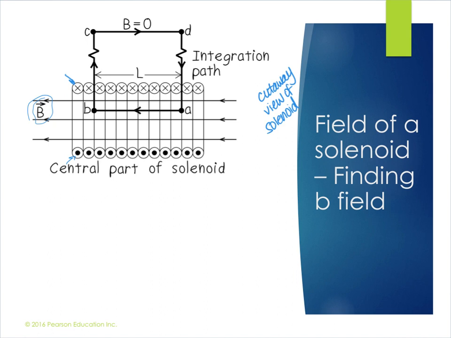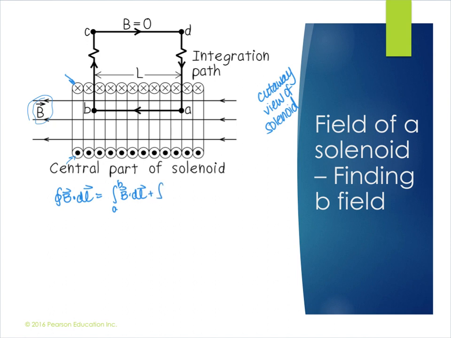Now here we're going to take an interesting path. We're going to do a square path for our Ampere's law. The reason for this is we're going to have different results in each part of the path. So first I go from A to B, of B dot dl.